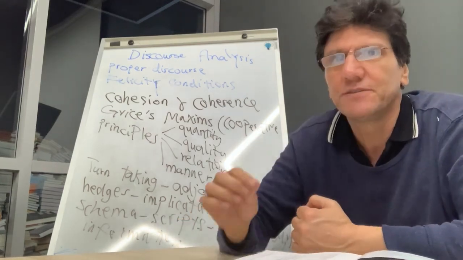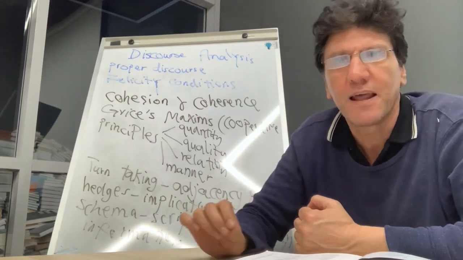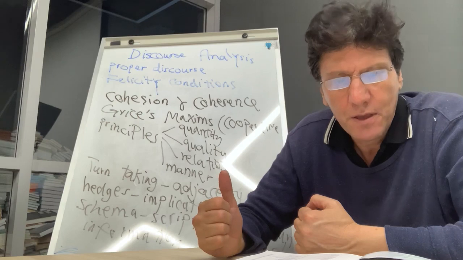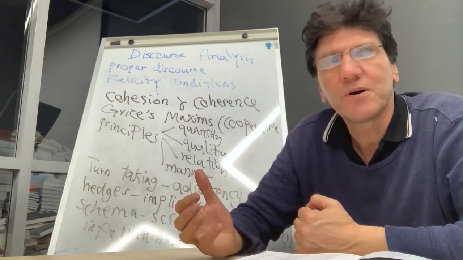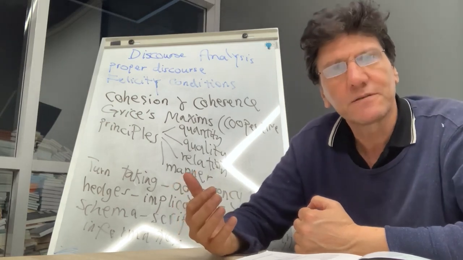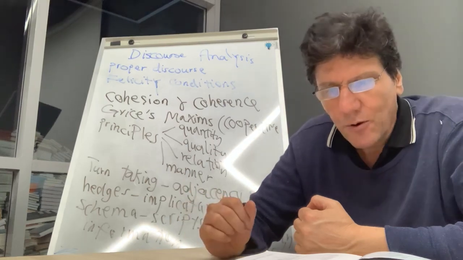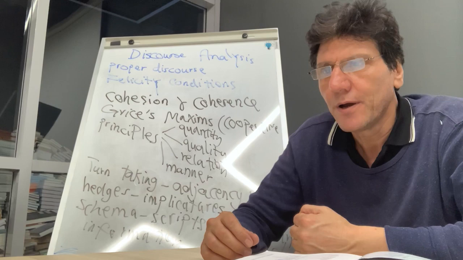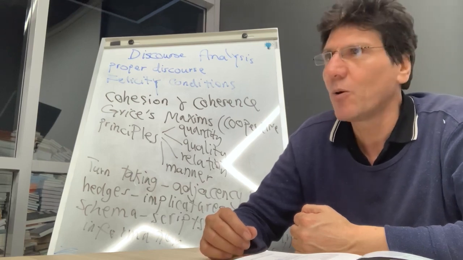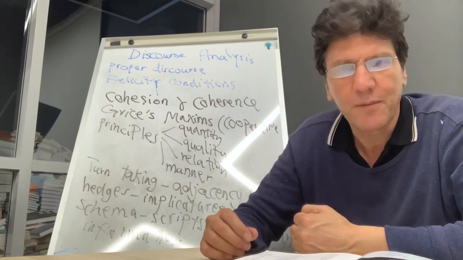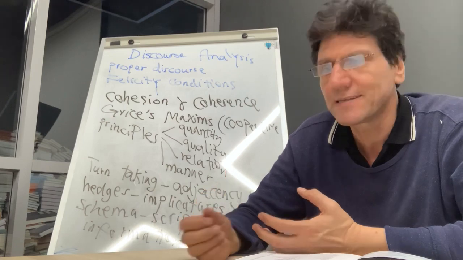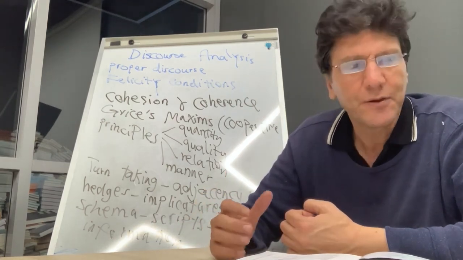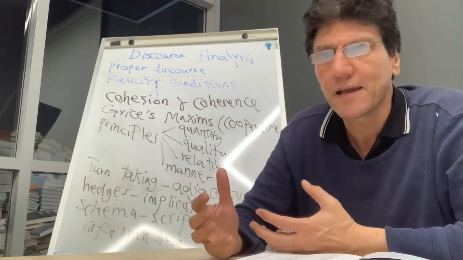The other one is relation. Be relevant. Relation means be relevant. When I'm asking you where the library is, I wonder if you mind telling me where the library is. And you say, okay, I have to mull it over. I don't know. I haven't got a clue. I haven't got the faintest idea about what your question might be. You know, I'm from Kazakhstan, and I have two siblings, and I'm a very intelligent girl.